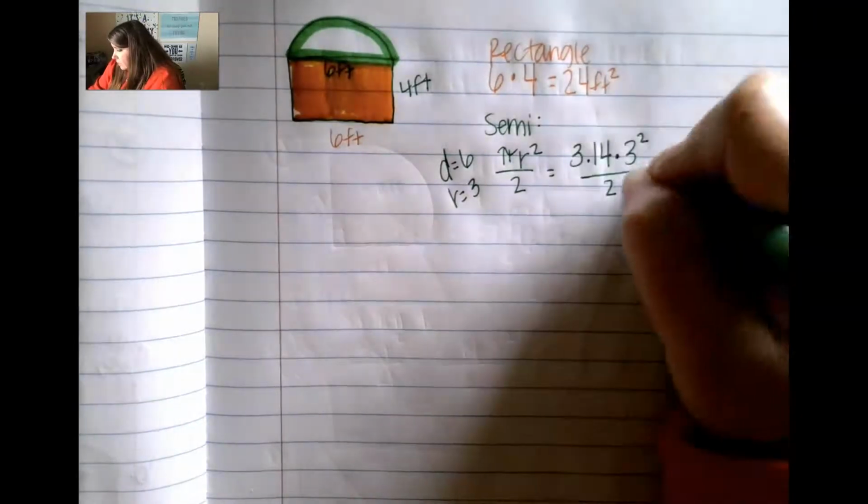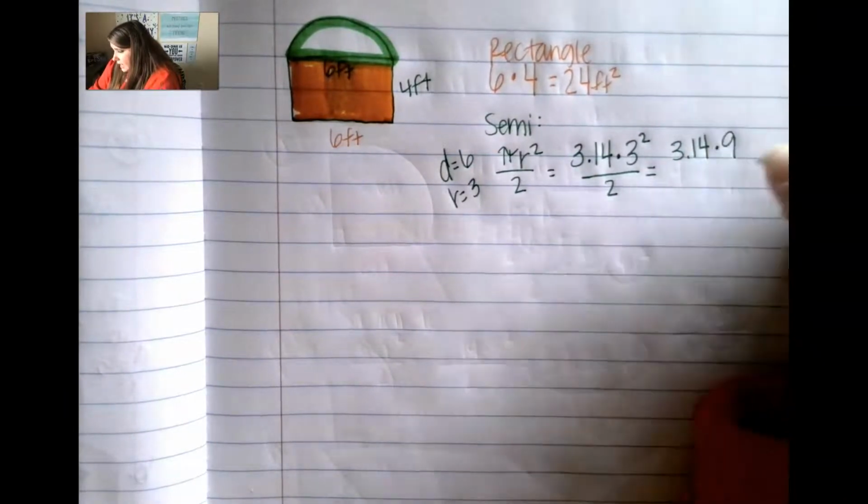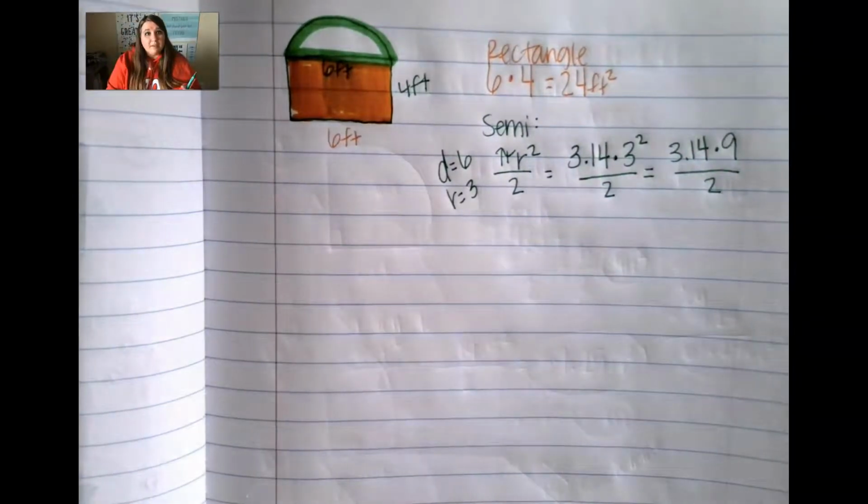So I know that 3.14 times 9, and then I'm dividing that by 2. Sorry that my dog is barking again.